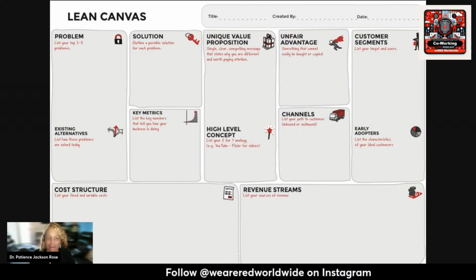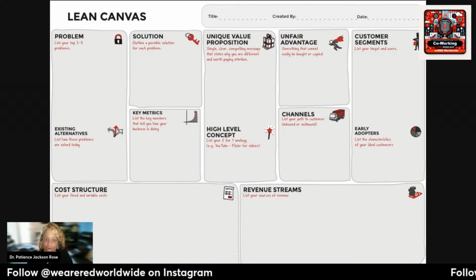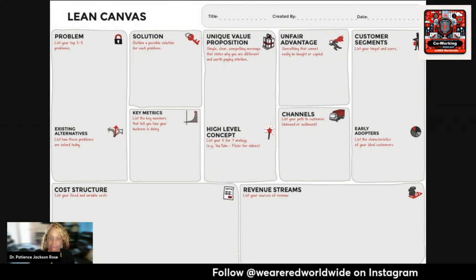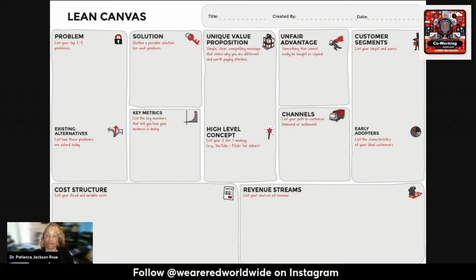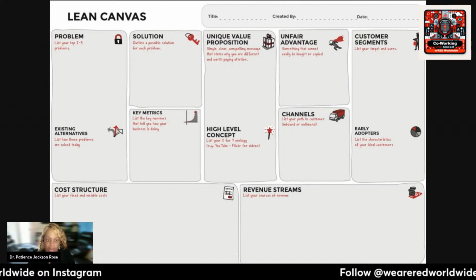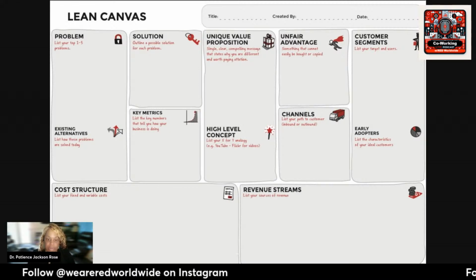And so you want to take a look at that, and then you have the solution. In other words, what you could possibly provide, or what someone could provide, for this client or customer who is having the problem. Then you have some key metrics, listing out the key numbers that tell you how your business is doing.